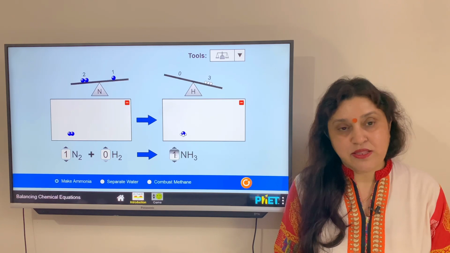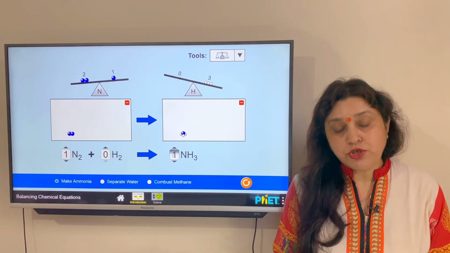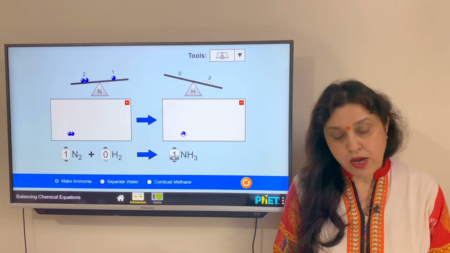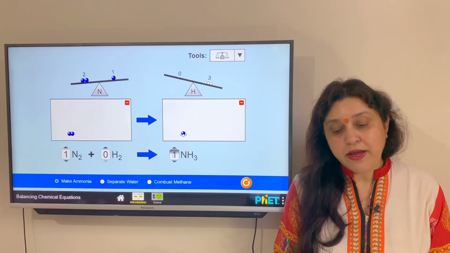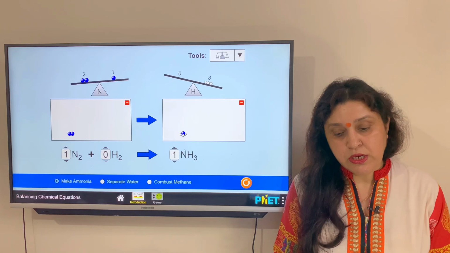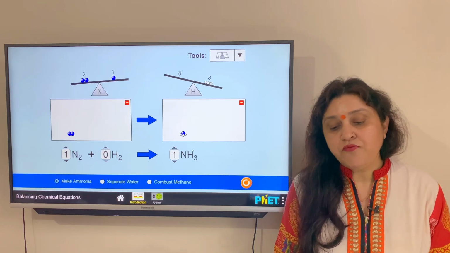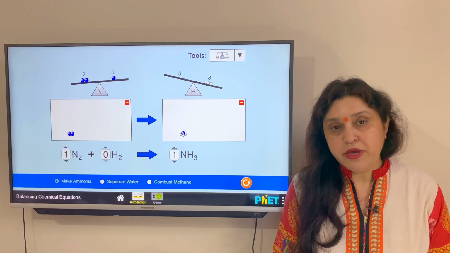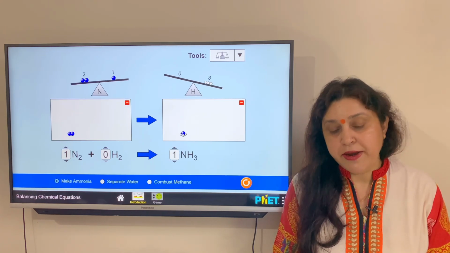When we move towards the right hand side, that is the product side, and if I click here, again one has come, and this shows that one molecule of ammonia contains one atom of nitrogen and 3 atoms of hydrogen. When we see this picture, there is one blue ball, meaning one atom of nitrogen, and 3 ones are 3: 1, 2, 3.